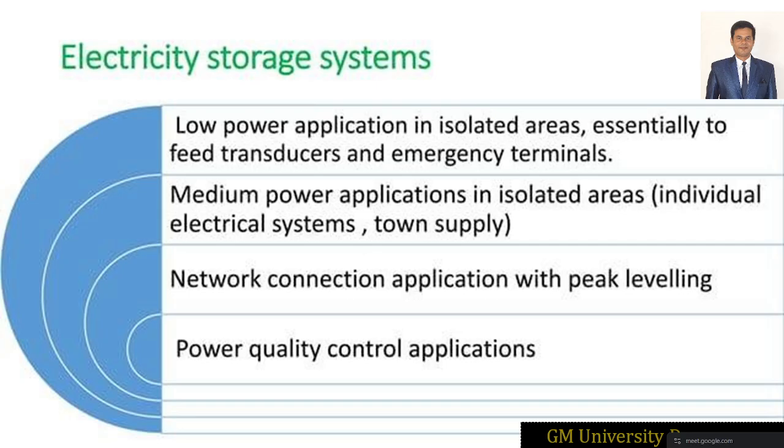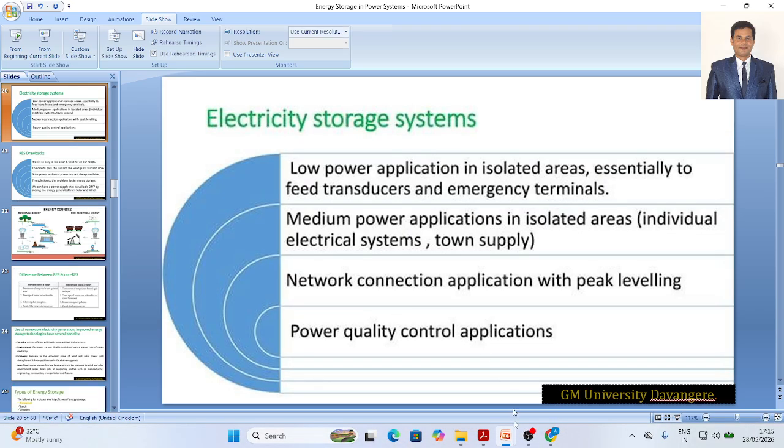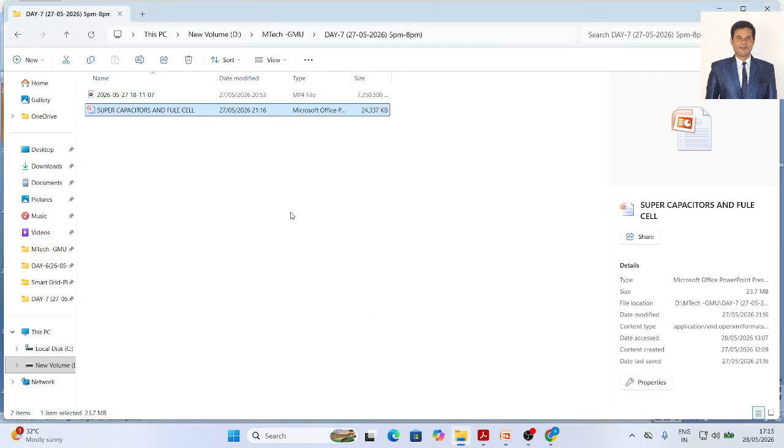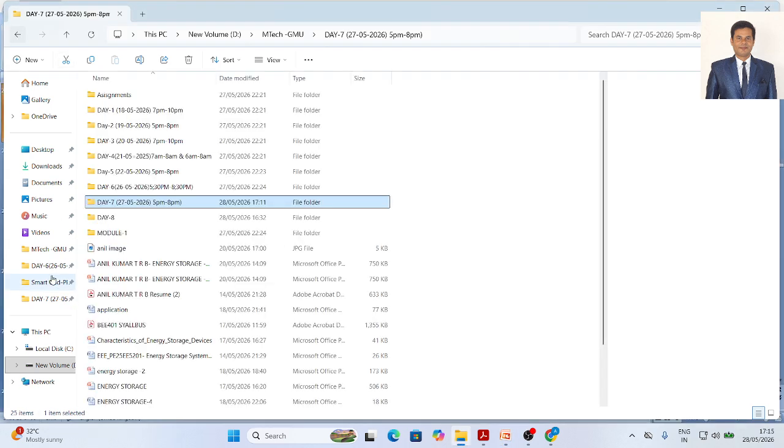Peak leveling means we have to satisfy that peak level. I showed the peak level, no? The grid level I have already shown, isn't it? As shown in the previous slides, how to do the peak leveling. Have you understood the peak leveling?